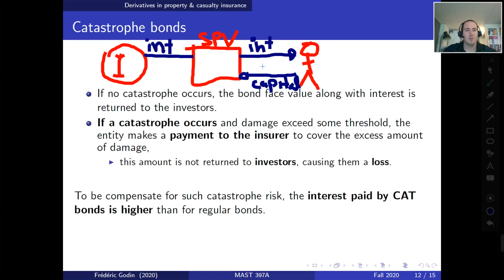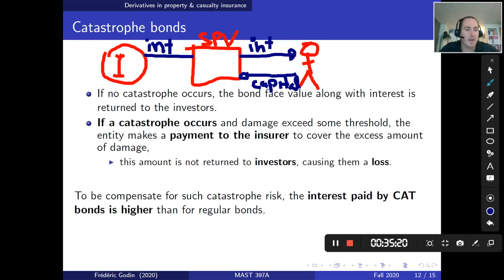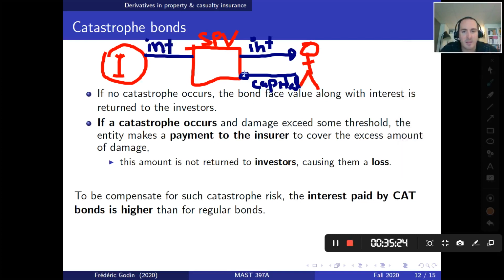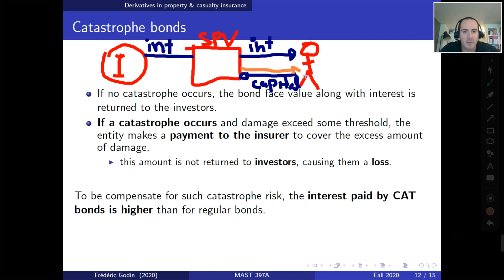Okay, so then if after a few years nothing happens, there's no hurricane or tornado or anything like that, and there's no damage that needs to be repaid by the insurer to policyholders, then what's going to happen at the end of the deal is that the capital will be returned back.